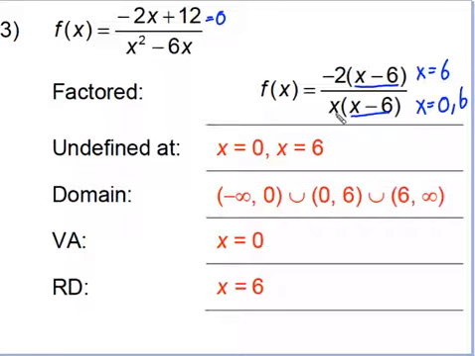And then for the denominator, you're going to set both of those factors, this x here and the x minus 6, equal to 0, and you'll get x equals 0 and 6. Now, because you have 6 from both the numerator and the denominator, this 6 is going to be a removable discontinuity. Remember, RD stands for removable discontinuity, and then the 0 is your vertical asymptote. Both of those terms are going to be undefined, and so both of them will affect your domain.